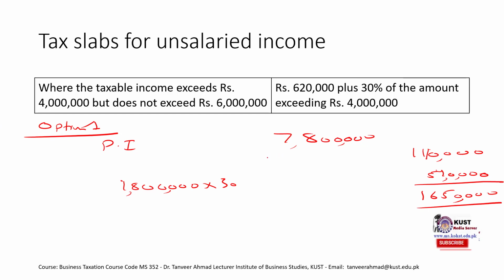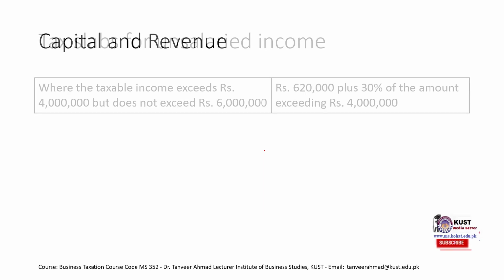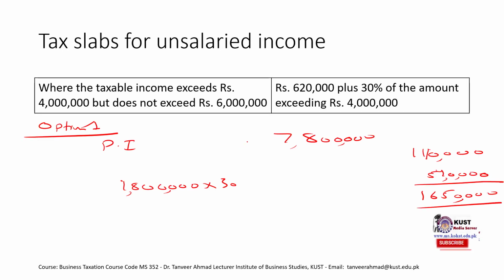But let's just say if he wants that he should be taxed the other way around, the second option that he has, then what would happen? Let me add another slide over here.